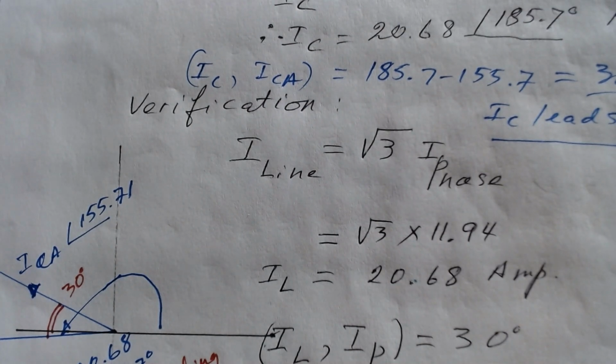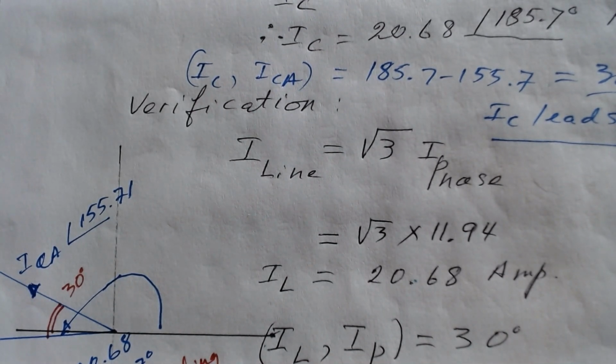In polar form, the line current IC is equal to 20.68 with an angle of 185.7 degrees.